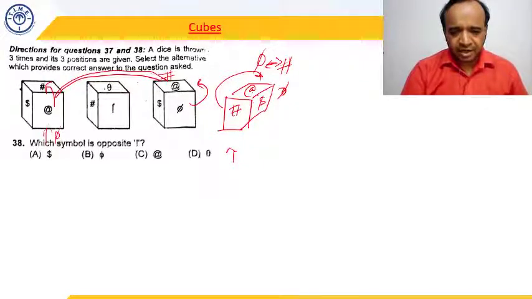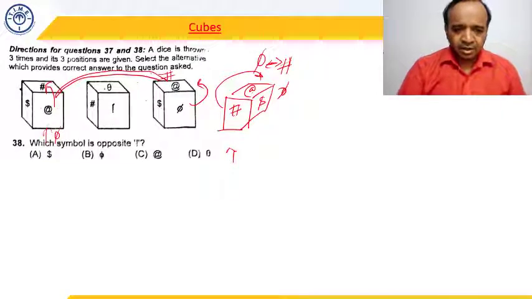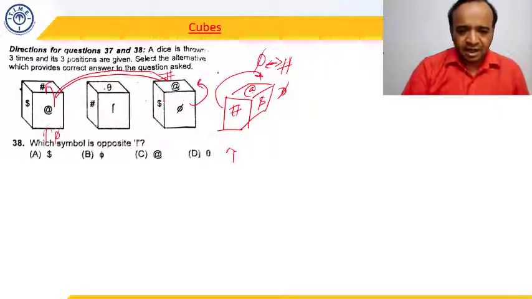Theta will be just opposite at the rate, and exclamation sign will be just opposite dollar. So this is to be seen from a different angle. If I completely rotate this, I'll get phi opposite hash, theta opposite at the rate, and exclamation sign opposite dollar.